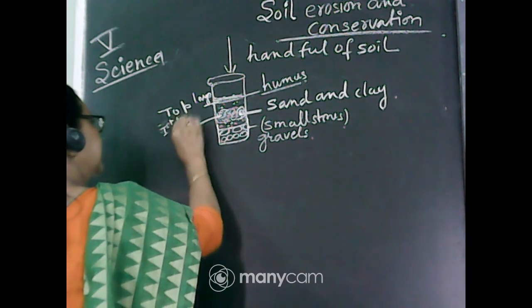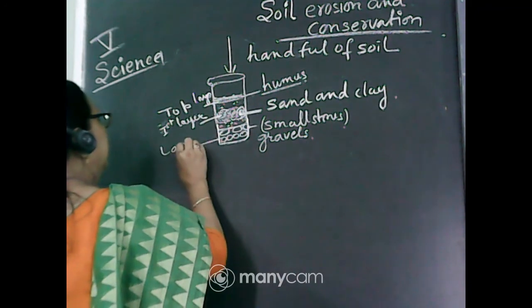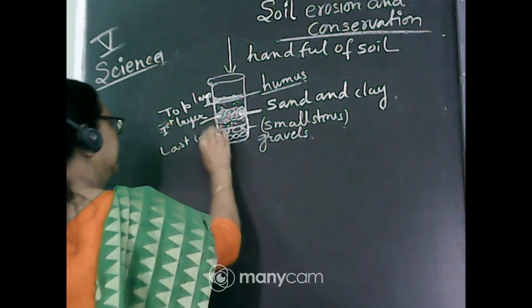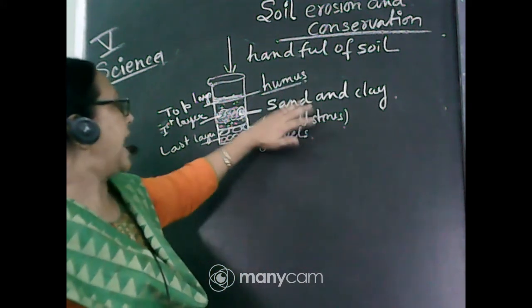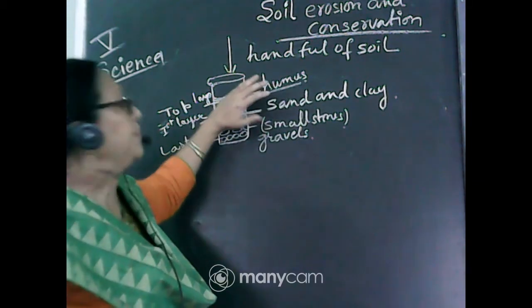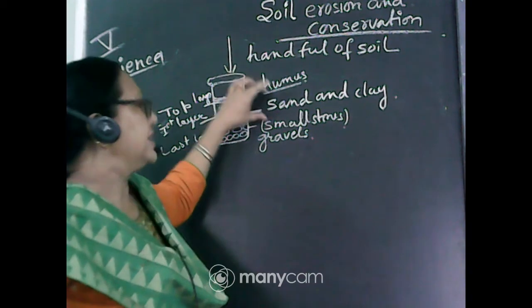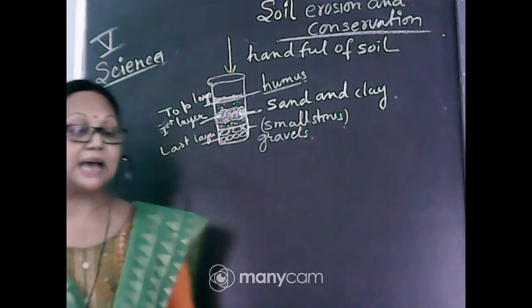This is the first layer, and this is the last layer. So humus is the topmost layer, sand and clay is the top soil, and this is the last layer of the soil where only gravels are there.